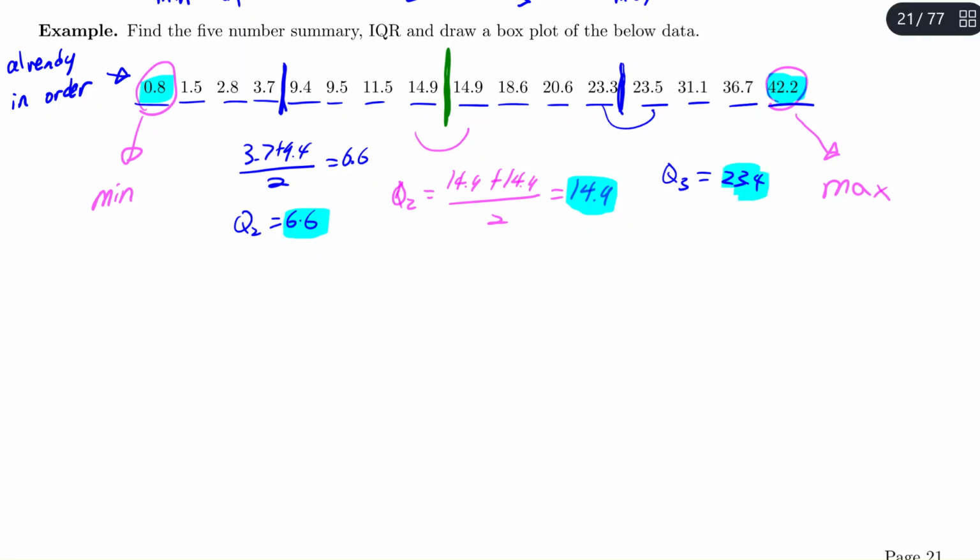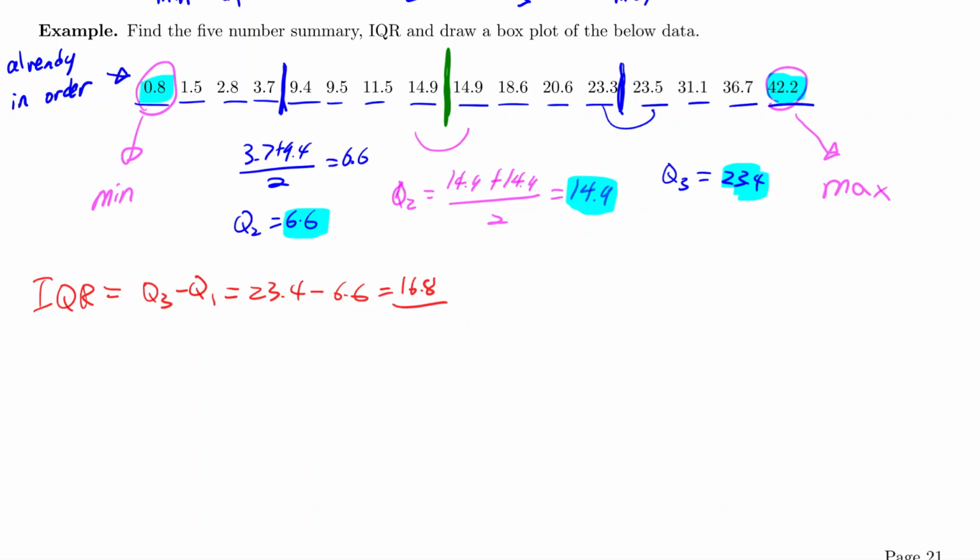And interquartile range is Q3 minus Q1, which is 23.4 minus 6.6, which is 16.8. Okay, so now that we found the five number summary, let's draw a box plot.